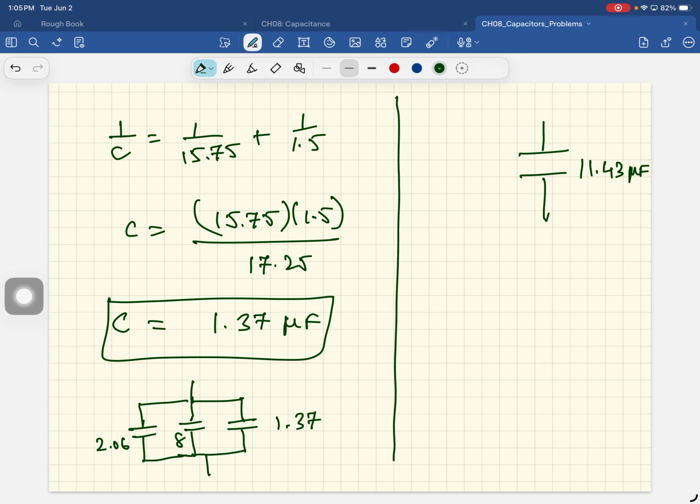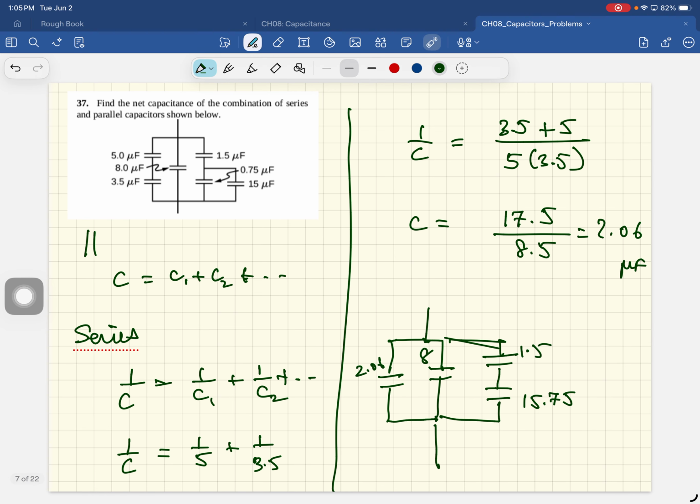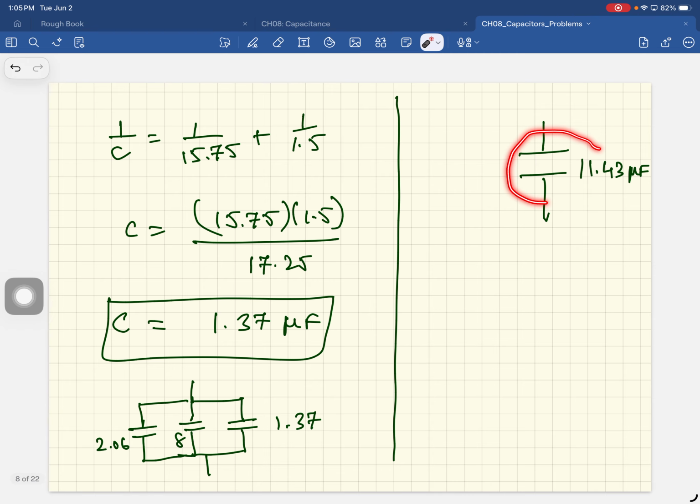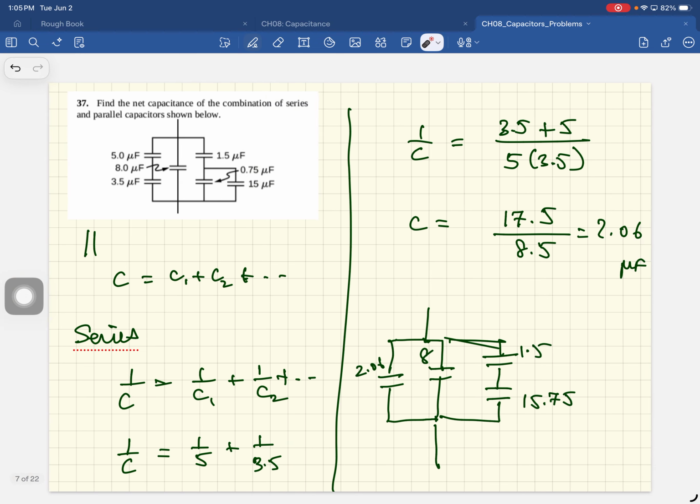So now you connected them in parallel, 2 microfarads, 4 microfarads. And the charges will redistribute. How do they redistribute? When you connect something in parallel, the voltage across this has to be equal to the voltage across this.